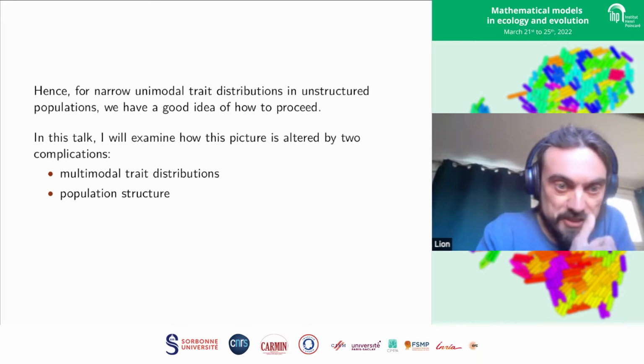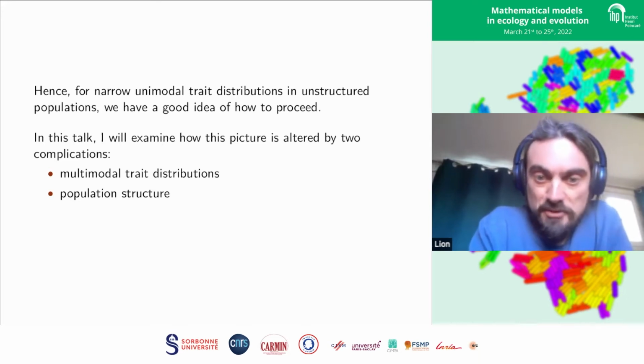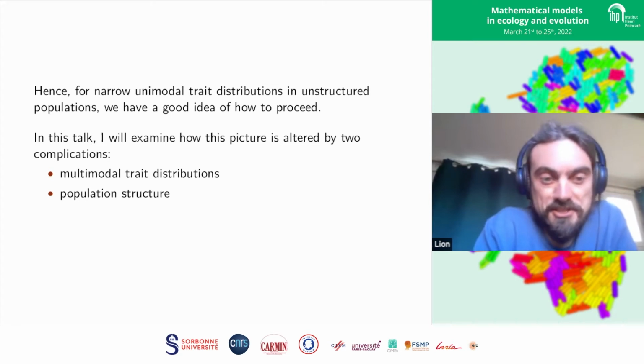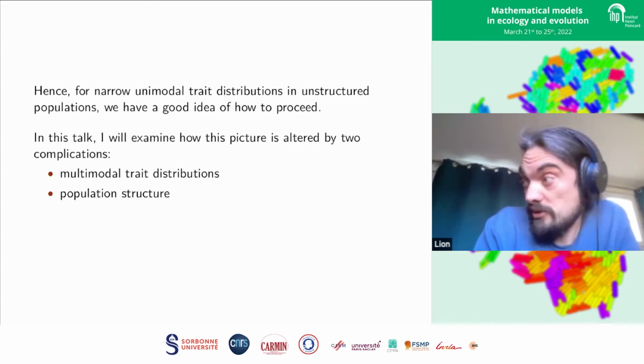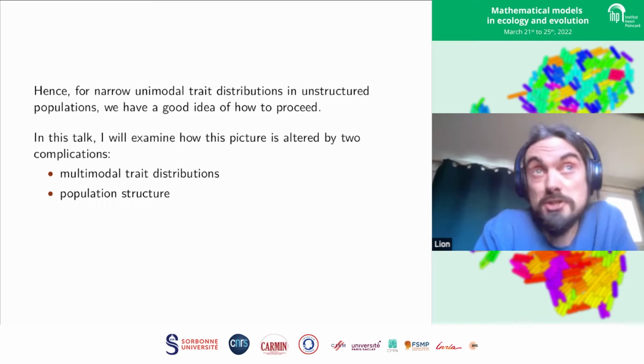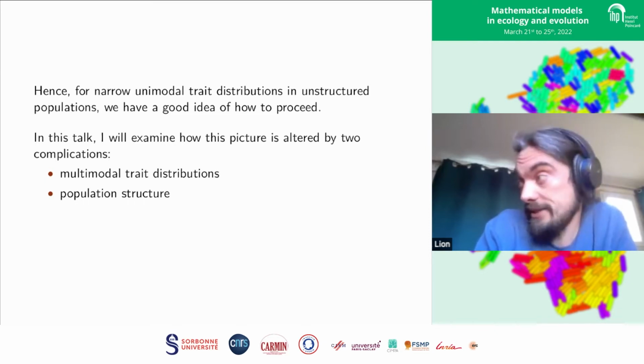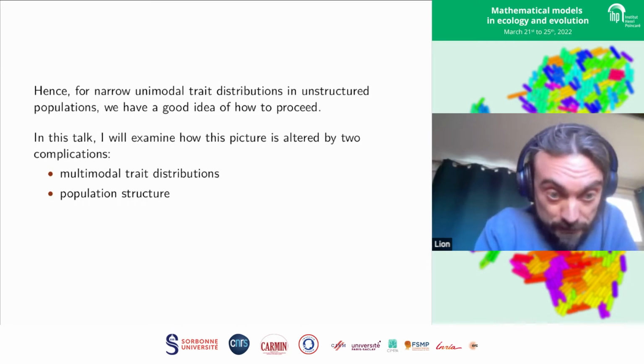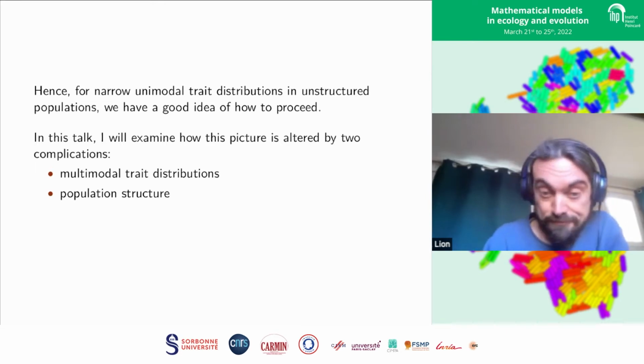So what I want to do in this talk is to examine how this picture is altered by two complications. First, what happens when you have a multimodal trait distribution, so distributions with two or more peaks, and second, what happens when you have population structure.